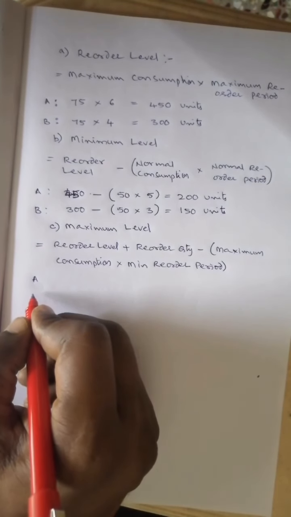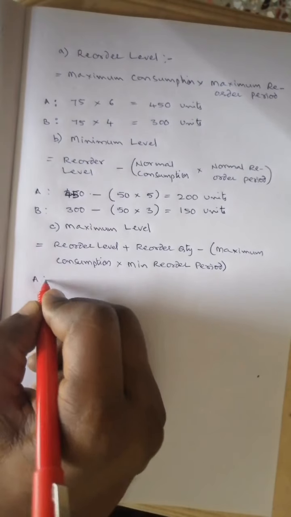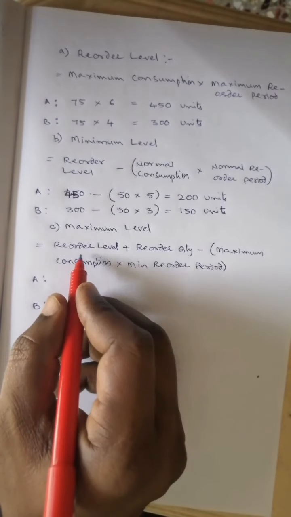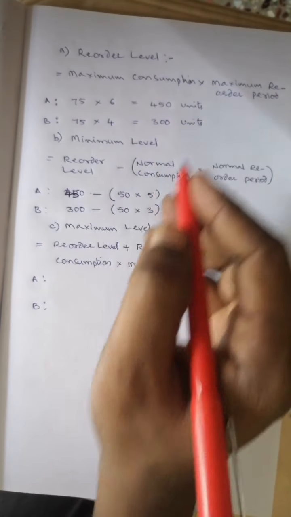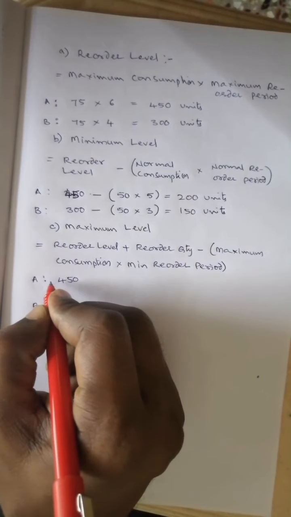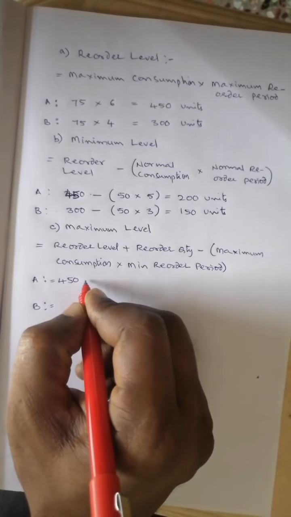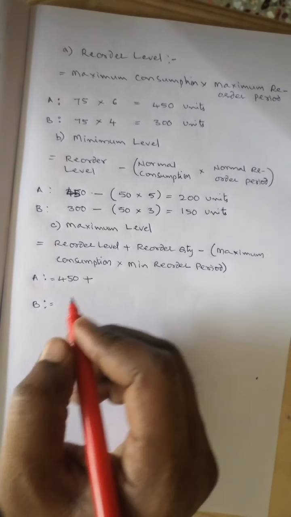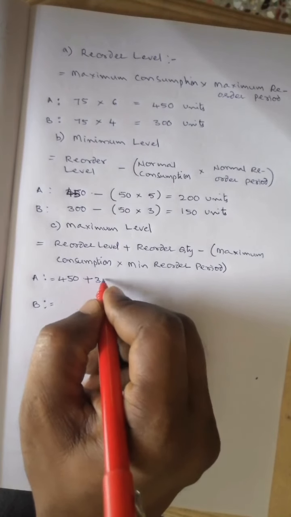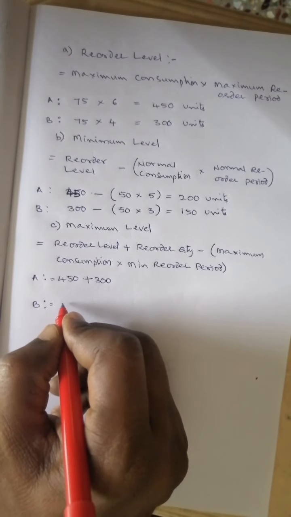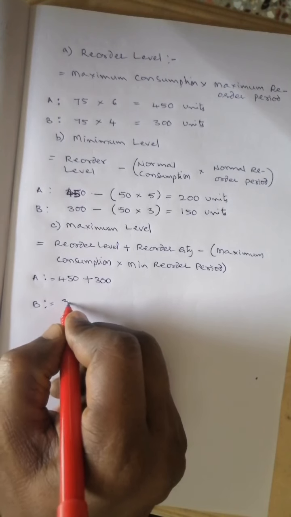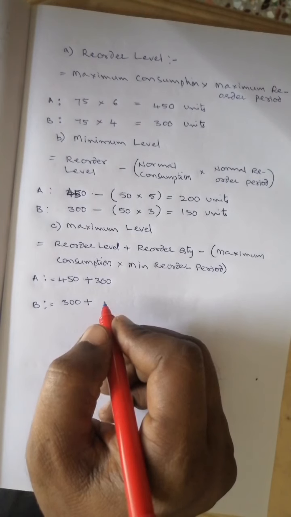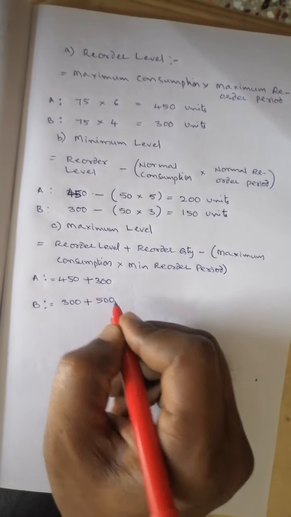Now again, maximum level also we have to compute for both components. For A, reorder level is 450 units, plus reorder quantity. Reorder quantity for product A given in the problem is 300 units. In the case of B, reorder level is 300 units plus reorder quantity given in the problem is 500 units.